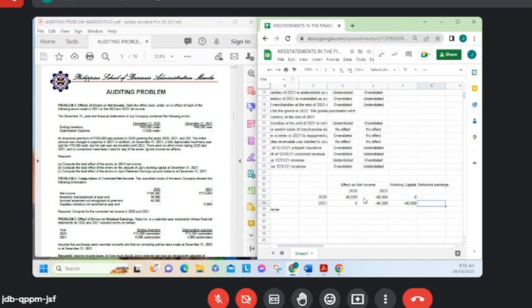What about in the retained earnings? So retained earnings in 2021 will be affected, will have an overstatement of 40,500.